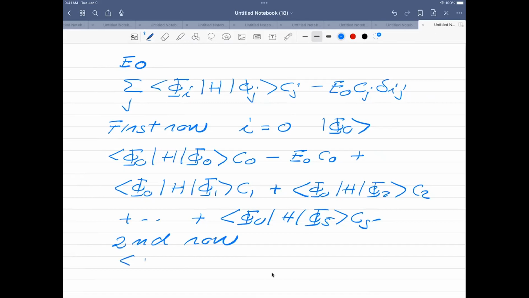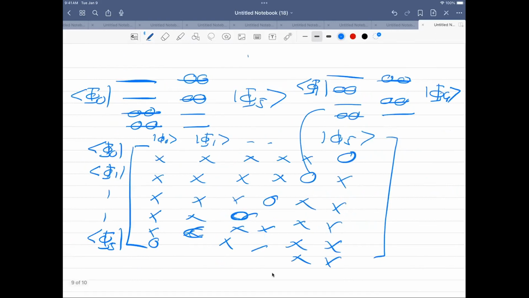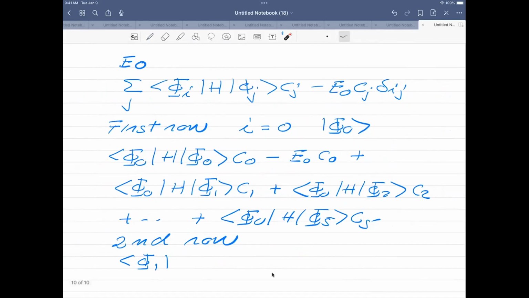In the second row, we're actually multiplying with phi 1. As you will see from here, so the second row is actually this guy here, now being multiplied with a vector C. So that means that we have then phi 1 multiplied with H minus E0, which we picked, and then we have phi 0, and this contains C0.